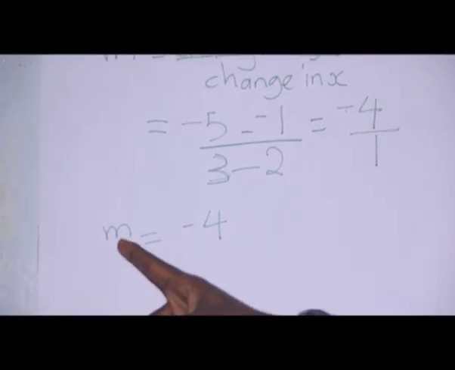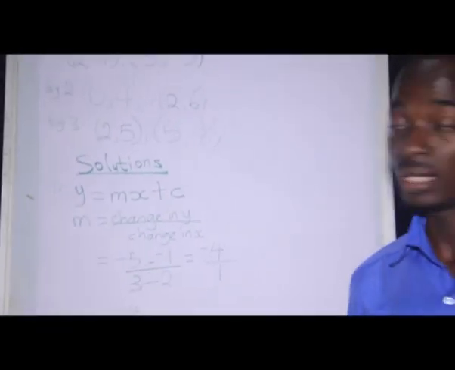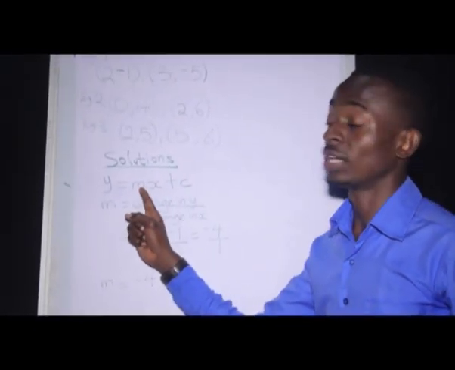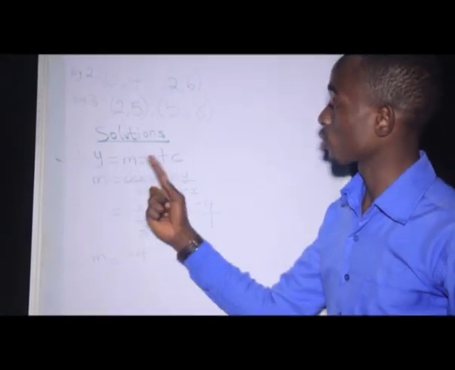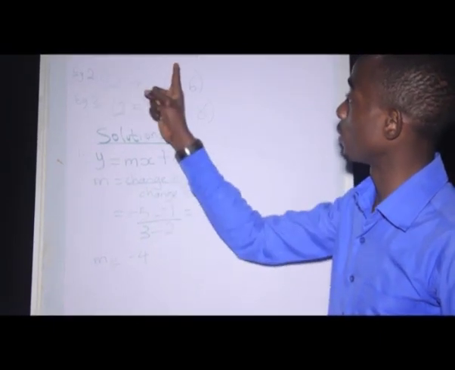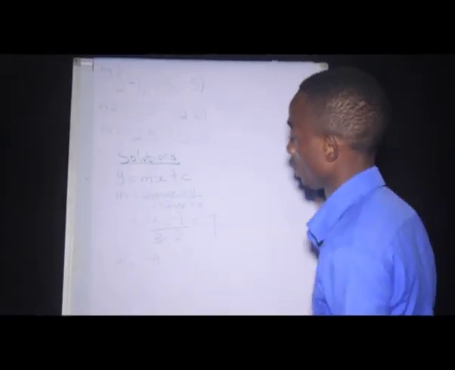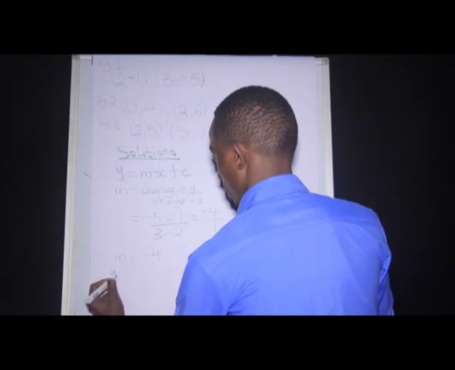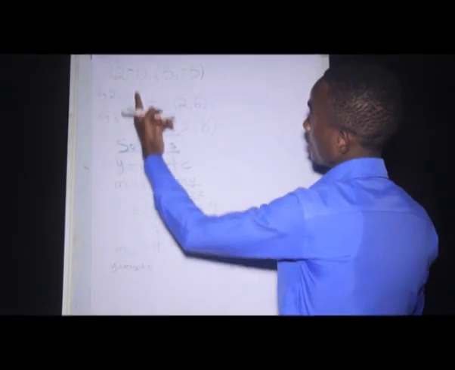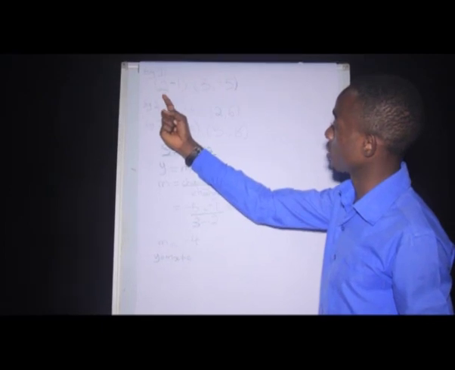So now that I have the value of m, I'm going to look for the value of c. How do I look for the value of c? I substitute into the formula. Remember that I already have my value of m, the value of x and the value of y, so I'll use those to get my value of c. To get c, you can choose either of these points. If I choose the point 2, -1, from the general formula y is equal to mx plus c, the y coordinate is -1 and the x coordinate is +2.